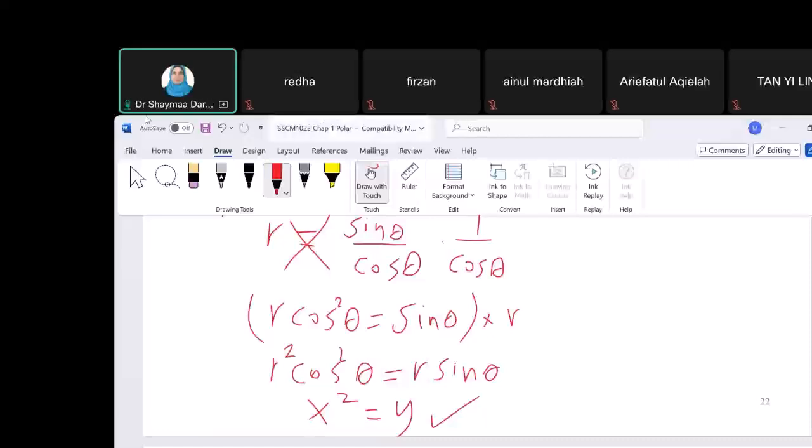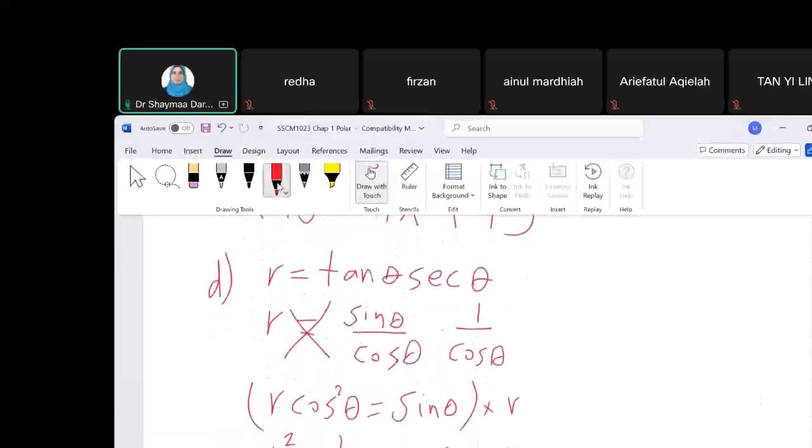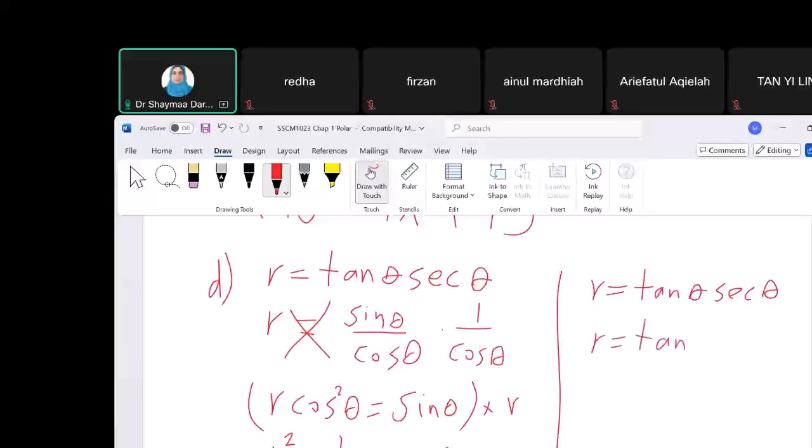Okay, this one is correct. But for me, there is another option, a second solution. Actually, you already have tan theta equal to y over x, so no need to change tan. You have r equal to tan theta multiplied by sec theta, which is 1 over cos theta.